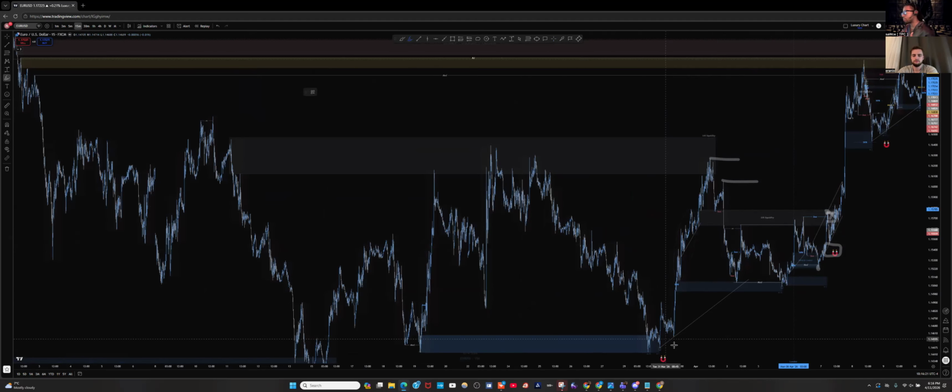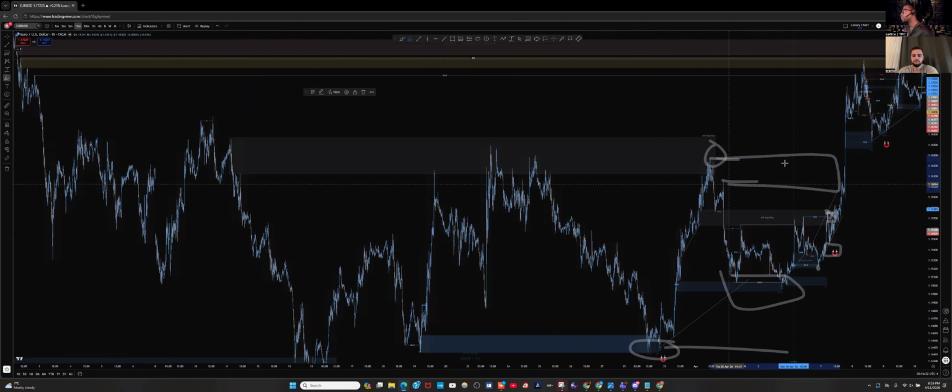This is the way I'm thinking. This low that led to this high did not come back down and break underneath this low. All it did was come to discount before coming back to supply. So I know supply is going to fail in a validation model.